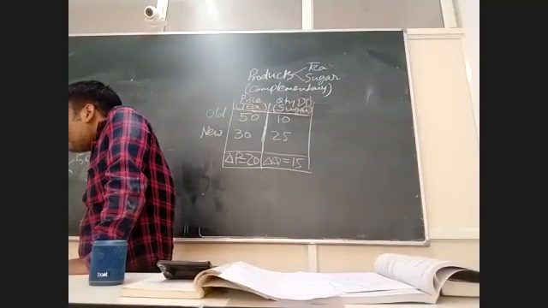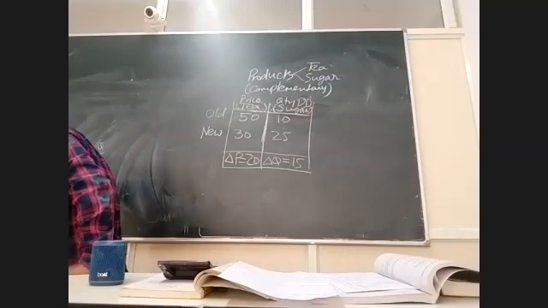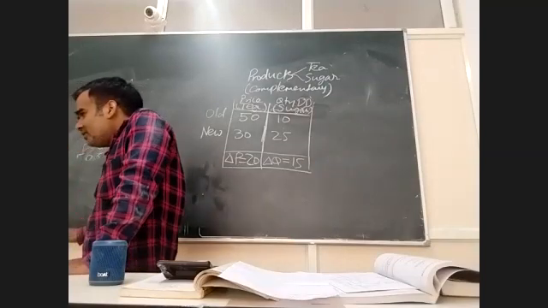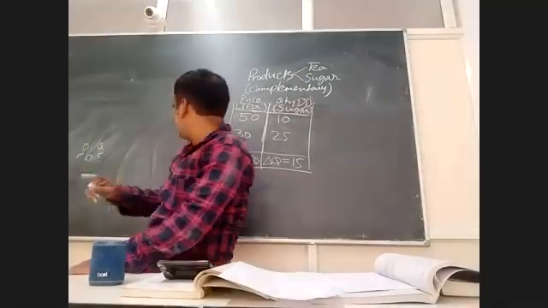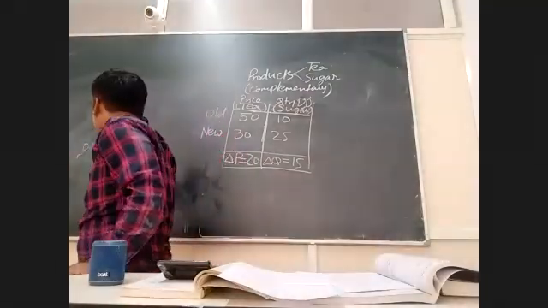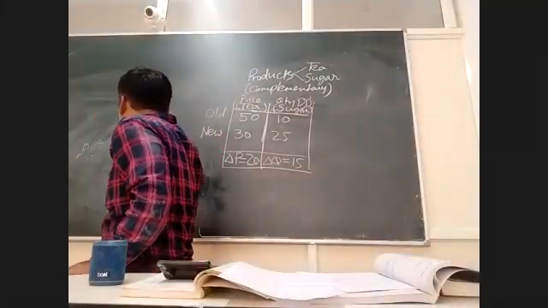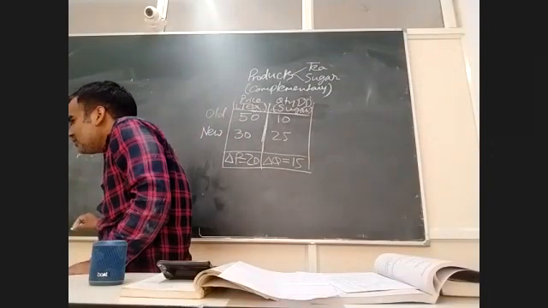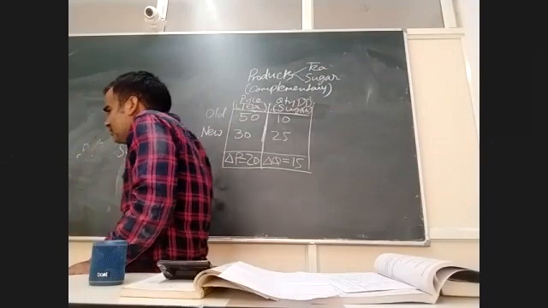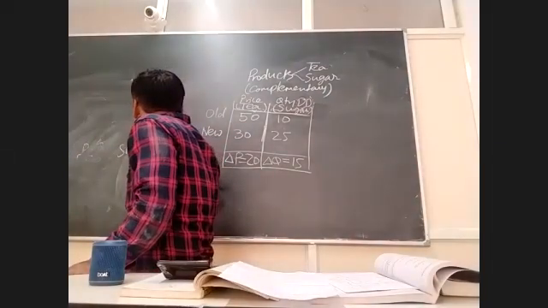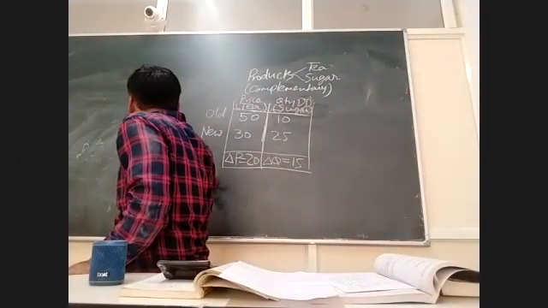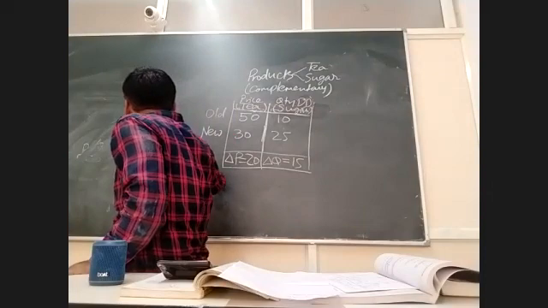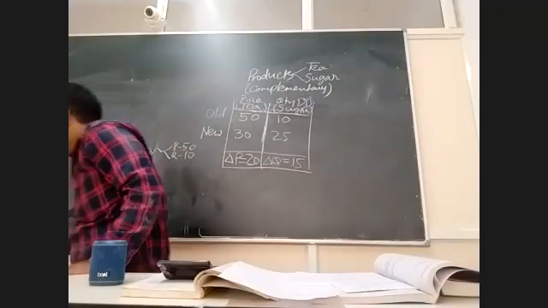Then price of sugar 50 kg. Price of 1 kg is sugar, price is 50. Price and quantity. Price is 50, quantity is 10.